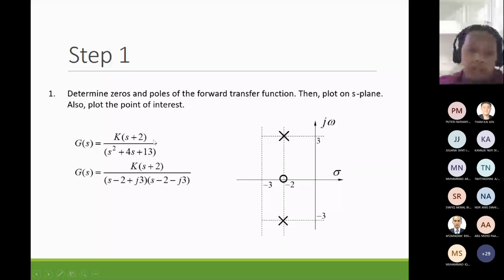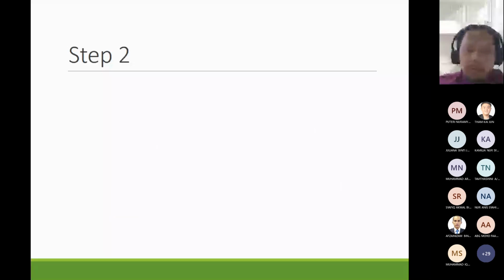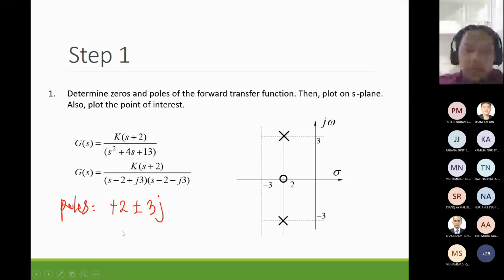So here the zero will be at minus 2, so you can plot a circle at minus 2. And then the poles are at minus 2 plus or minus 3j. Okay, so these are the poles, and you can plot them on the S-plane as well.